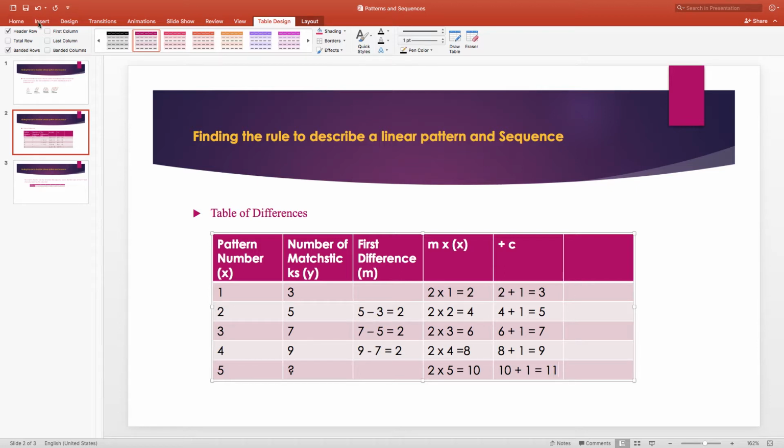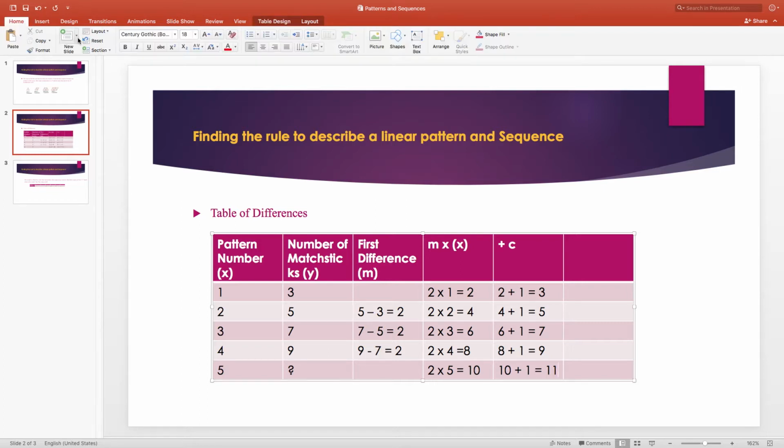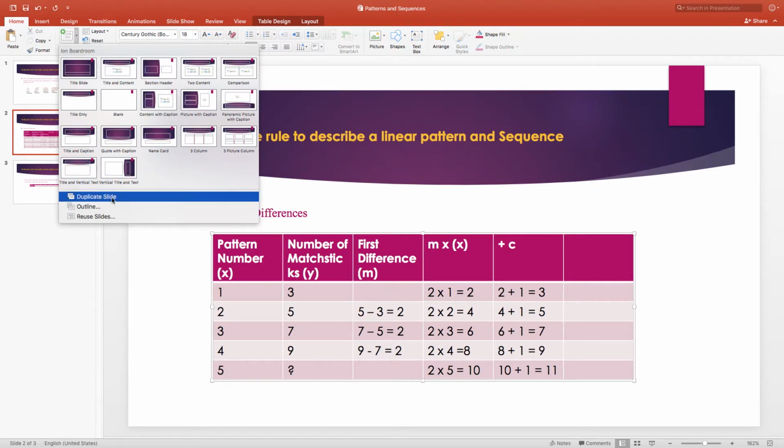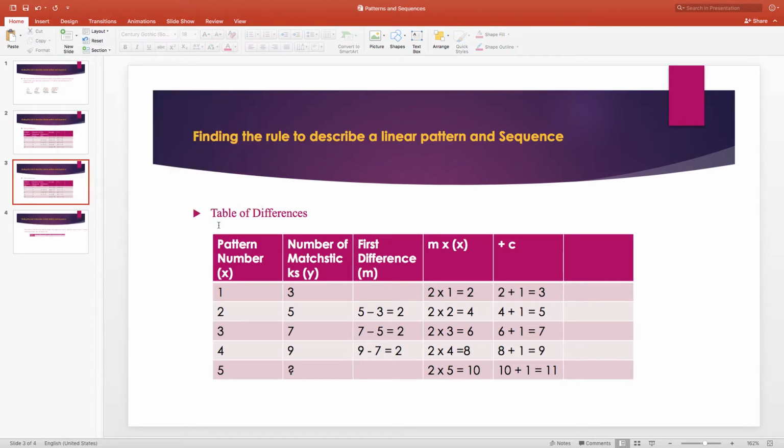This means now that I'm ready to write the rule. So the rule is, because this is a linear pattern, it's going to be y equals m times x plus c.